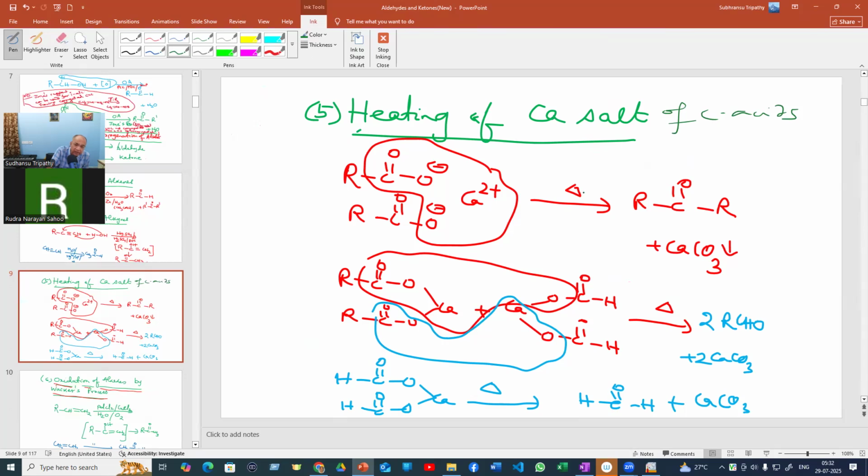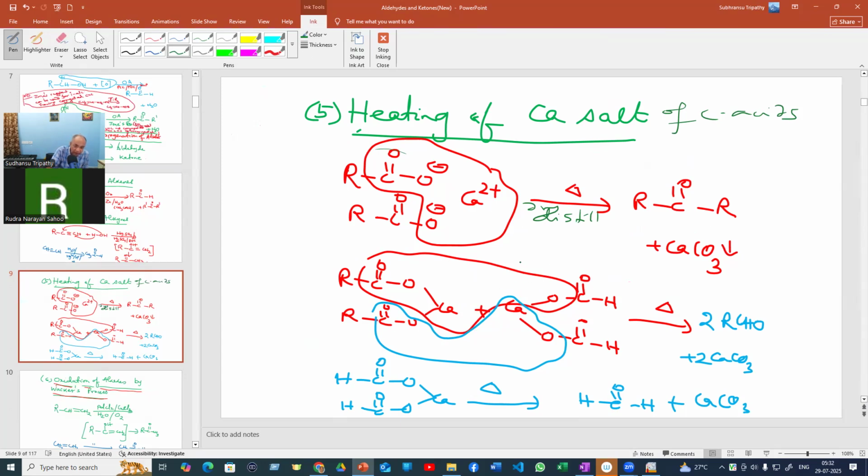If you simply heat or dry distill, with no addition of water, then elimination of calcium carbonate occurs as it remains as a residue and the ketone gets distilled out. But if you take a mixture of calcium salt of any carboxylic acid as well as calcium formate, calcium salt of formic acid together in 1:1 ratio, then you see how I have rounded off.